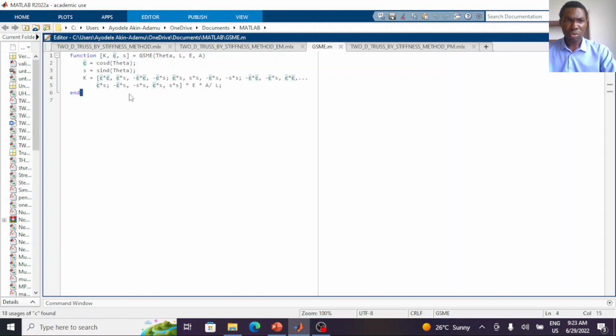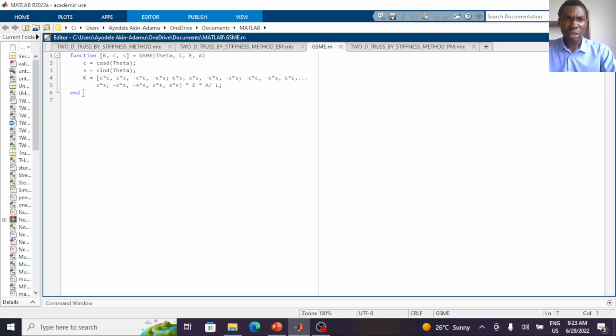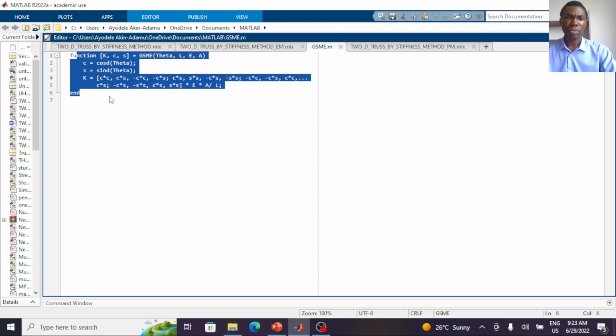Actually, to create this script, you need to go to the Home tab and click on New Script. When you click on New Script, a new, empty interface like this will open for you, where you will type this Matlab code. So this is how you create a function on Matlab.